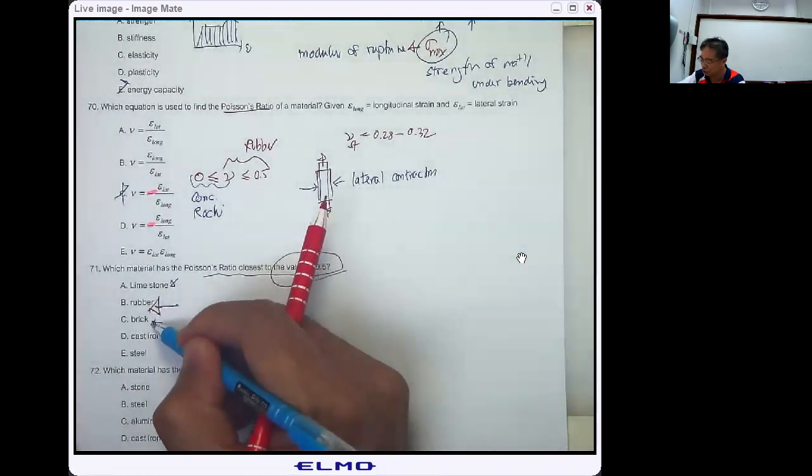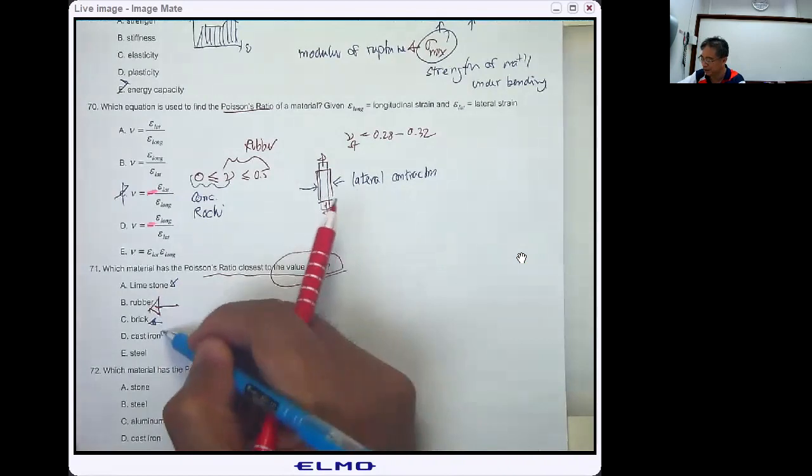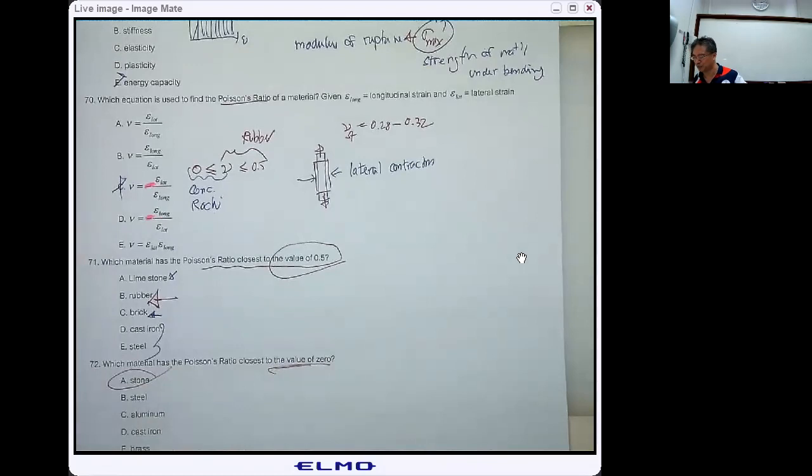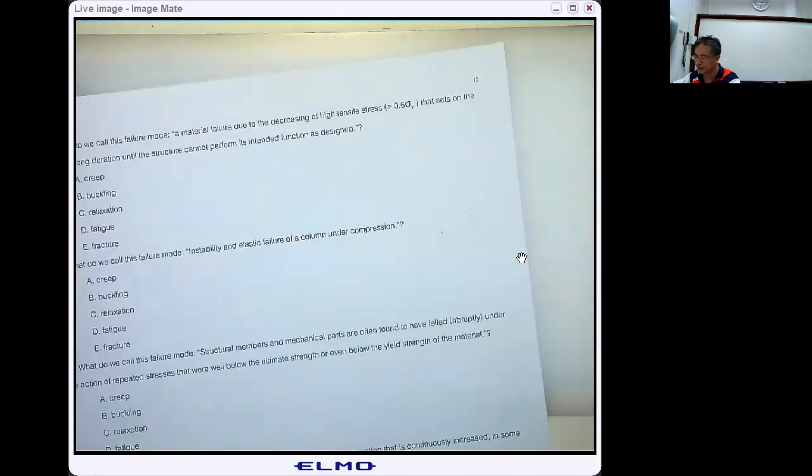This is also close to 0. This is about 0.3. Which material has the Poisson ratio close to 0? This is going to be the stone, or the concrete, depending. And then come to the next one, which is 73.